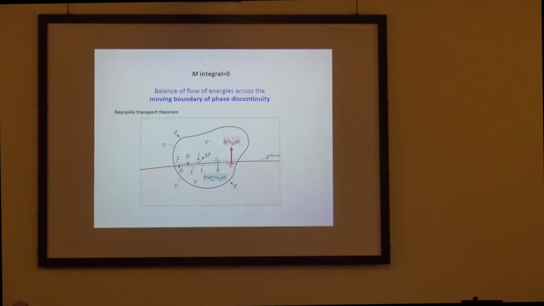If this flux equals the energy influx from the matrix into the inclusion, then, and if it exceeds, the rest of it will radiate out.